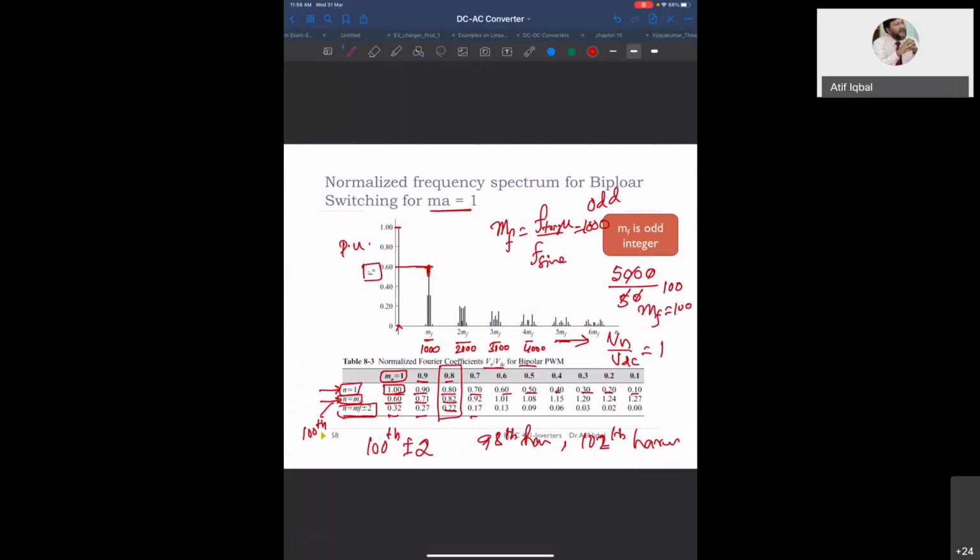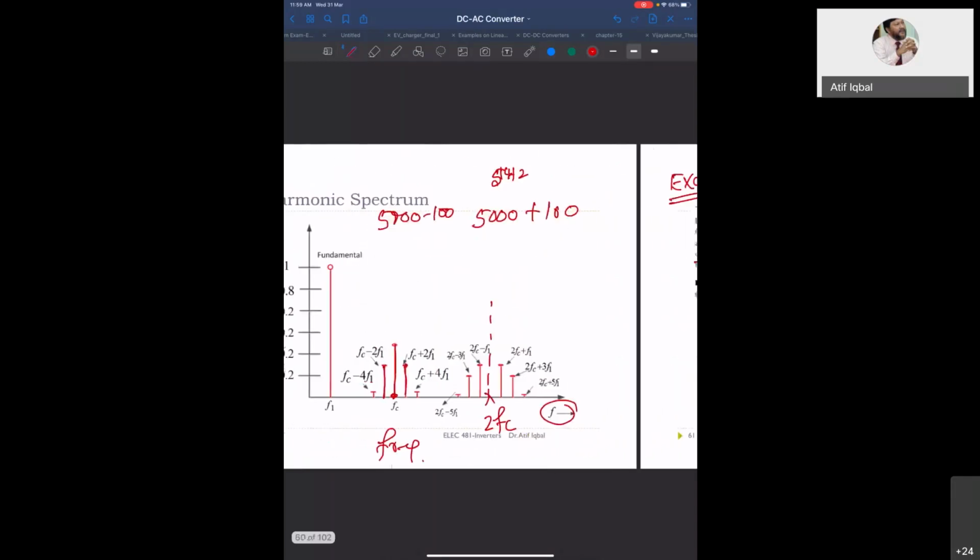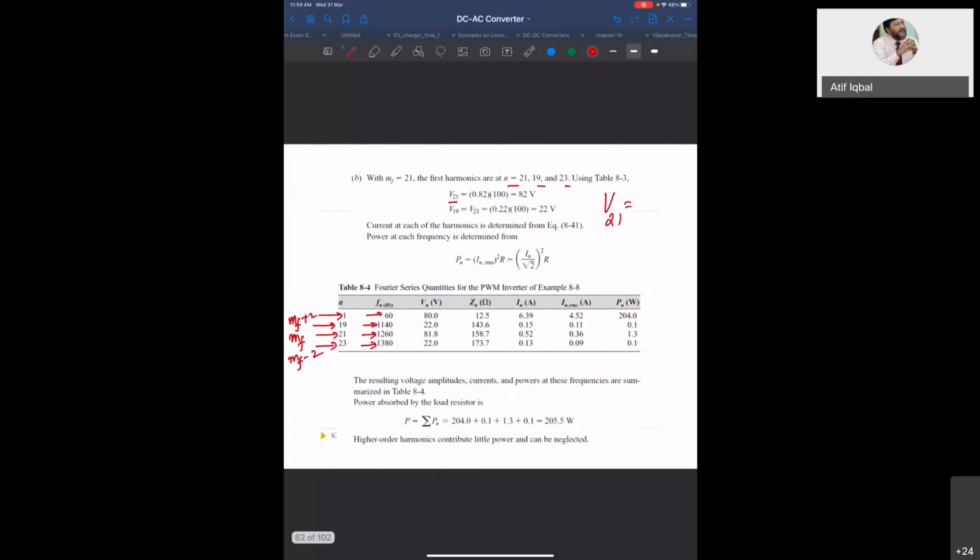We have to look at this table, because the modulation index is given as 0.8. So for 0.8, the value at mf is 0.82. The fundamental at 0.8 is already calculated. At mf it is 0.82 and at mf plus or minus 2 it should be 0.22.